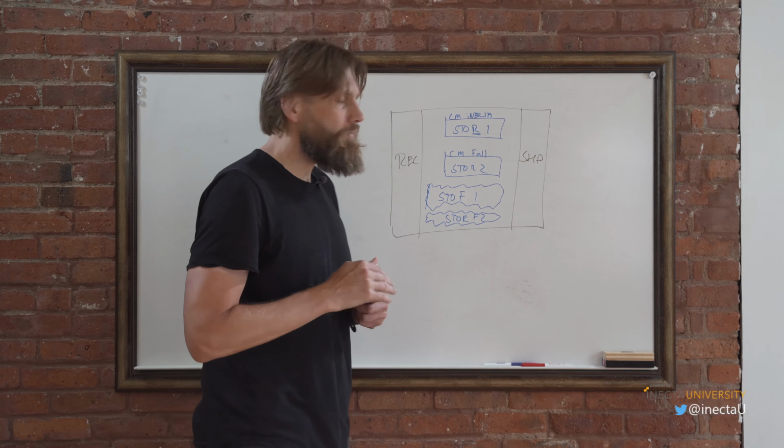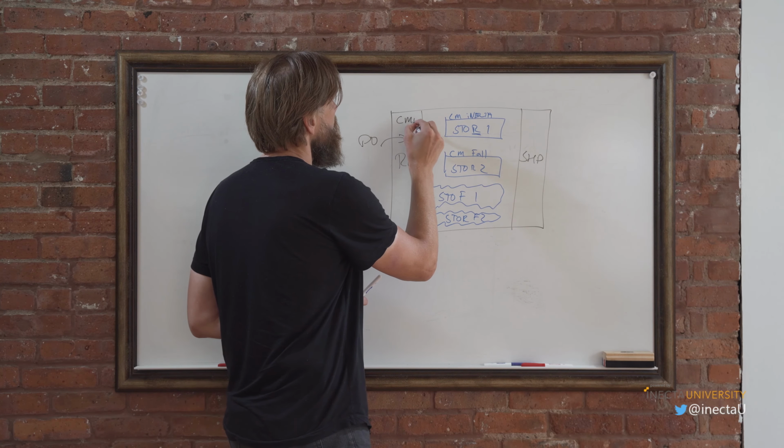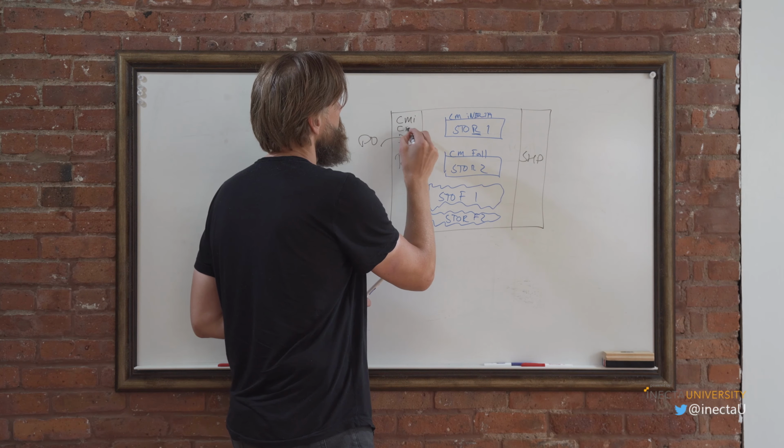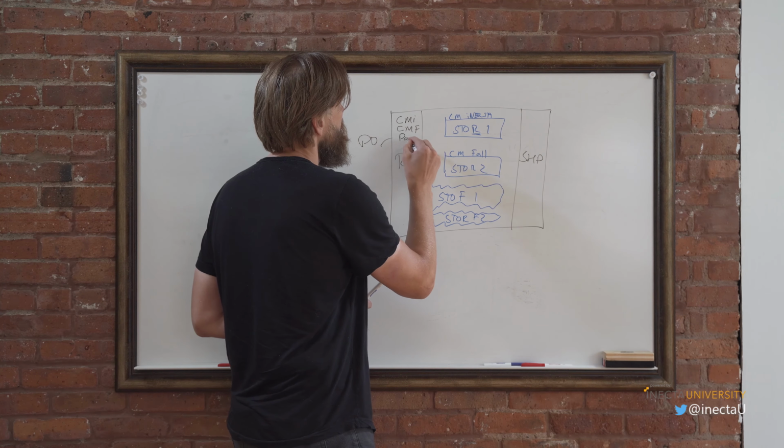And so when I receive a purchase order in, there's a PO, and the purchase order has the coffee mug inecta, it has coffee mug fall, and it has some paper cups. So that's a PO coming in here. Hopefully everybody can see that.